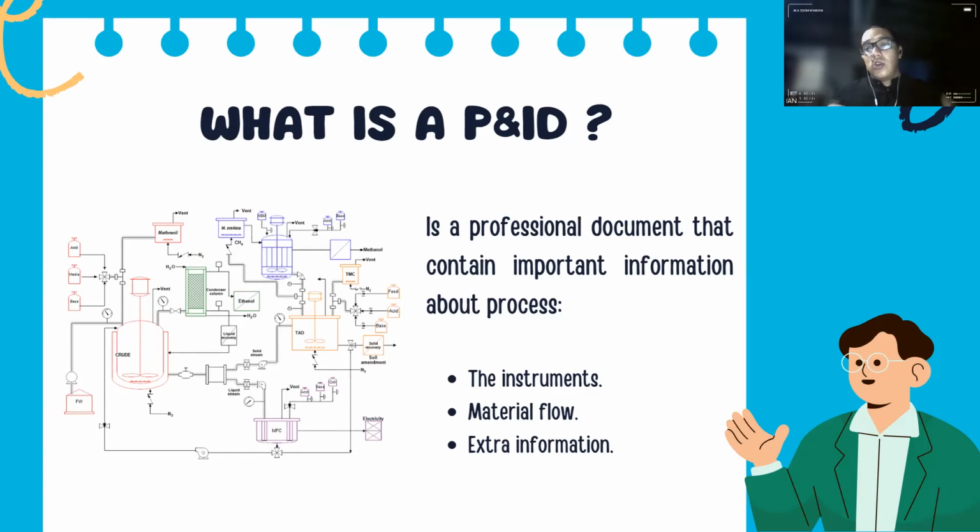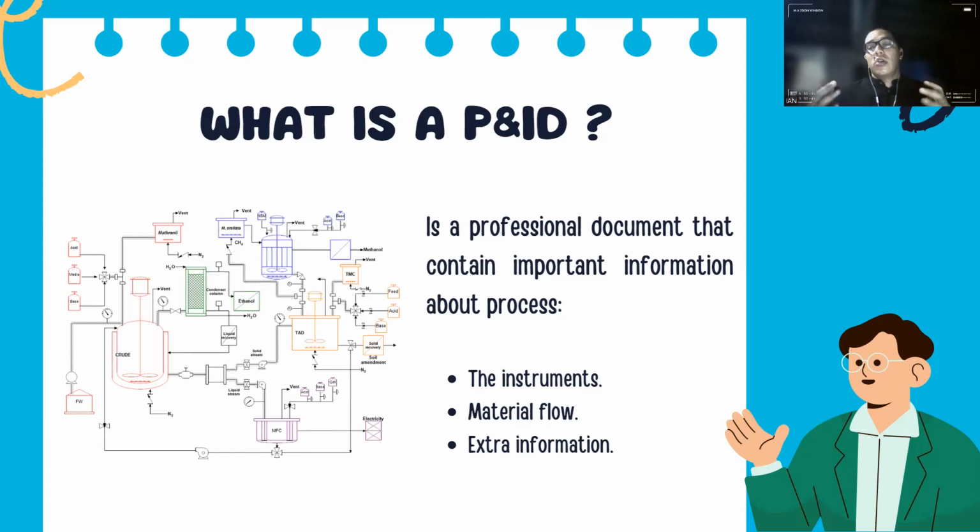In the PID, you can see the instruments used in the process, their function, size, location, and type. For example, a 2-inch check valve in one tank in the area of resins. Another point is the material flow.